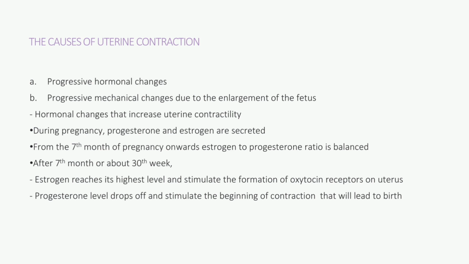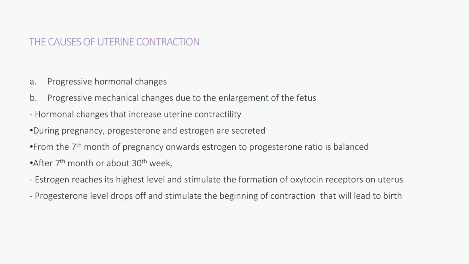So there are two things that cause the uterine contraction. First one is the progressive hormonal changes, and second one is the progressive mechanical changes due to the enlargement of the fetus. In this, the hormonal changes increase the uterine contractility. So the progesterone estrogen ratio. During pregnancy, progesterone and estrogens are secreted.